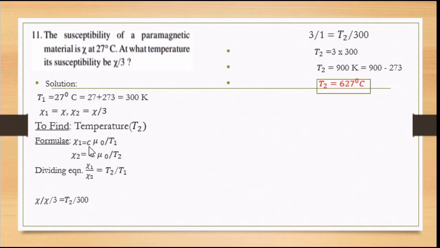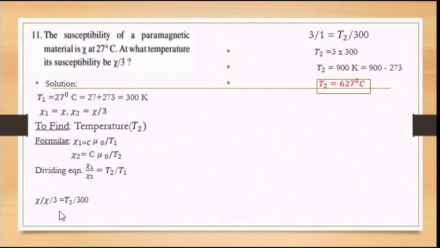We have to divide these two equations. Xi1 upon xi2 is equal to T2 upon T1. Then put the value of xi1 as xi and xi2 as xi by 3, and T1 as 300 Kelvin. Now these xi and xi get cancelled and this 3 goes to the numerator.